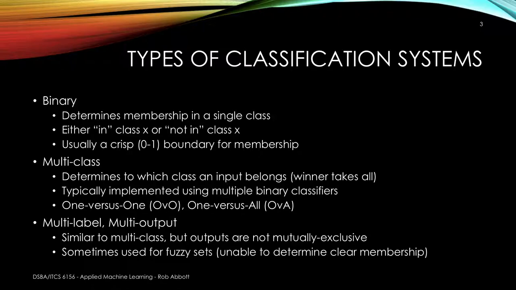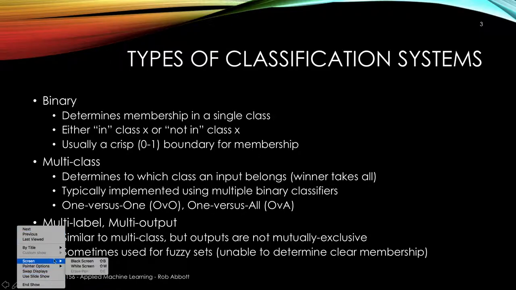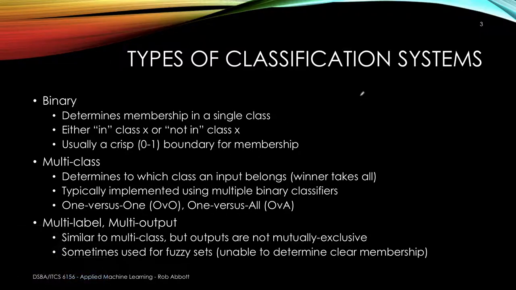This is usually meant to be a fairly crisp boundary for membership. And what I mean by crisp boundary for membership in this case is you have everything in the world that's inside of Class A, and everything else is not in Class A.